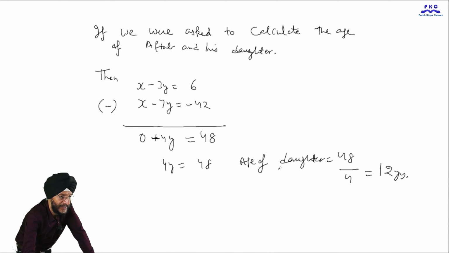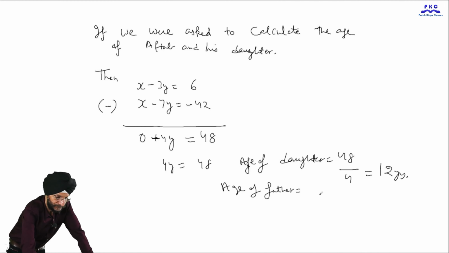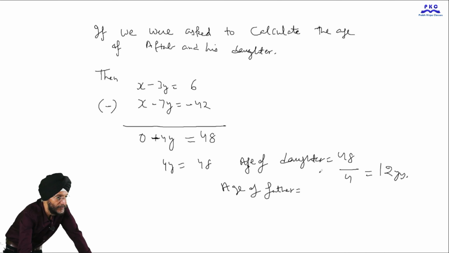That is, current age of daughter is 12. And what is the age of father? So now, how can we calculate the age of father? We take this equation, x minus 3y is equal to 6. x minus 3y, value of y is 12, is equal to 6.